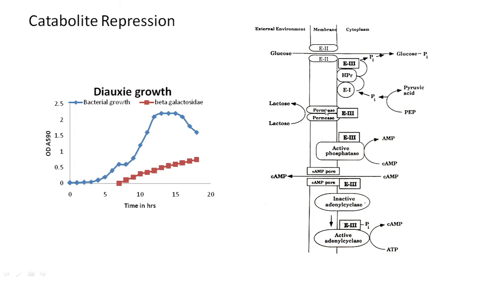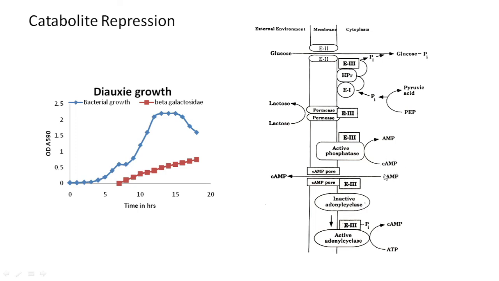First of all, it blocks the Lac permease, so that the transport of lactose is blocked. And again, it induces the activity of the phosphatase enzyme, which converts cAMP into AMP. So the level of cAMP becomes less by this mechanism.